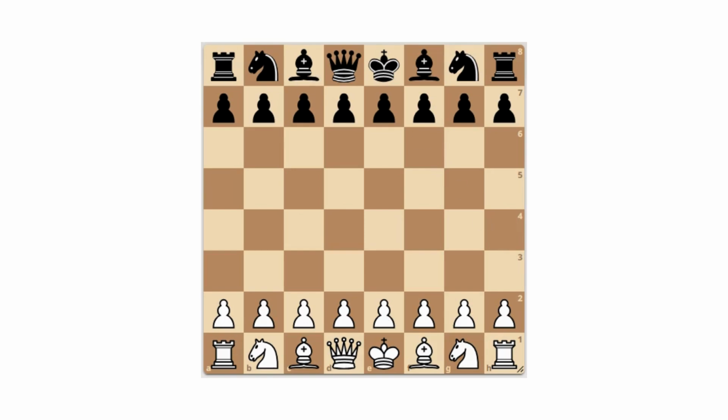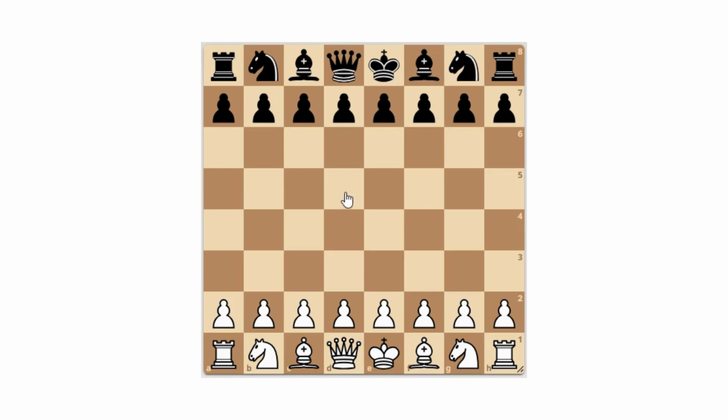Okay, the total 64 squares, and there are two sides. That means the two players can play at a time. One is the white side and one is the black side. Okay, the white will move first and the black will move second as a beginner.